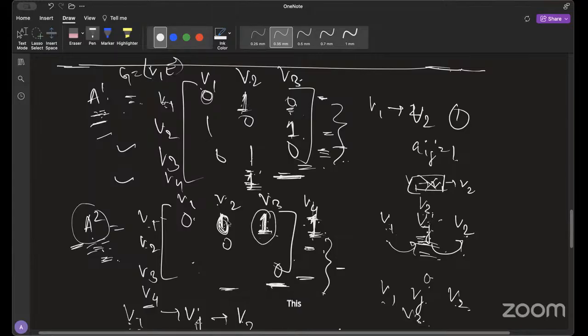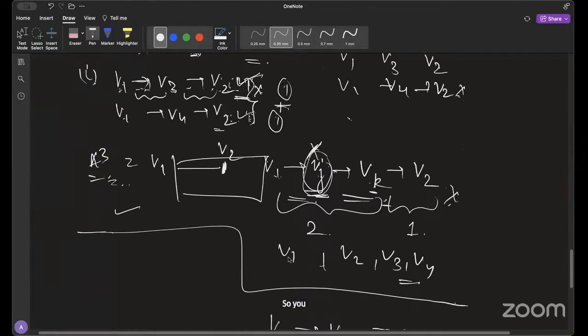This is it, v1 to v3 and then v3 to v2. Either you want a 1, 1 here, you want this to happen simultaneously. Both of them should be true. Or you want this thing to happen, that is from v2 to v4. So you want v2 to v4 to be 1. Here you want a 1. And then v4 to, we're going from v2 to v. So you do understand what I'm saying, right?